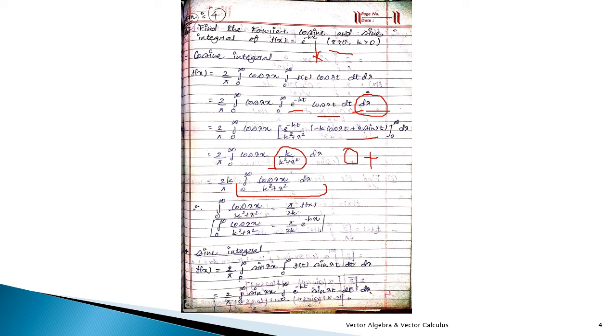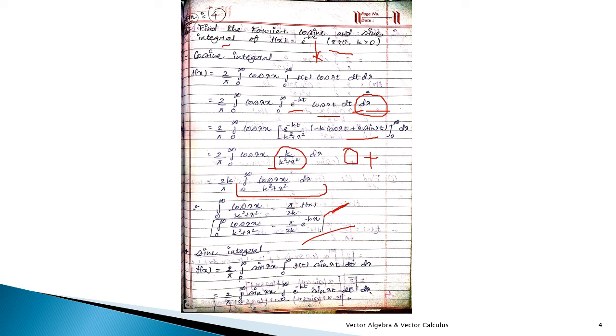Doing the cross multiplication, we get f of x into pi upon 2k, as I have written here. And f of x is given in the question, that is e raised to minus kx. So this will be your answer for the cosine integral.